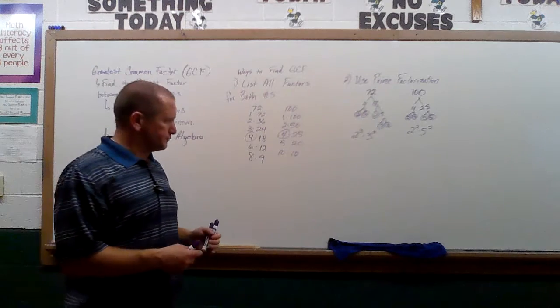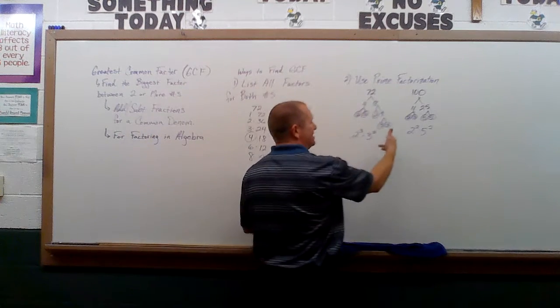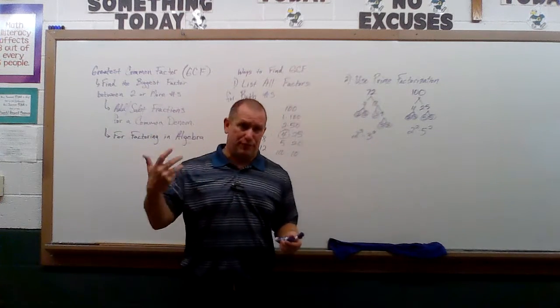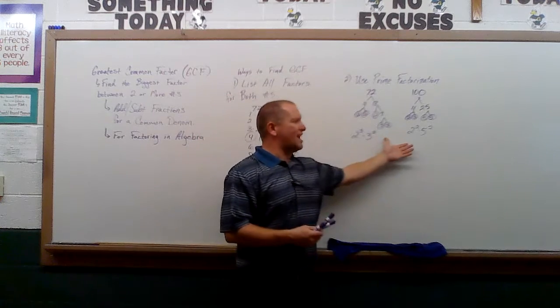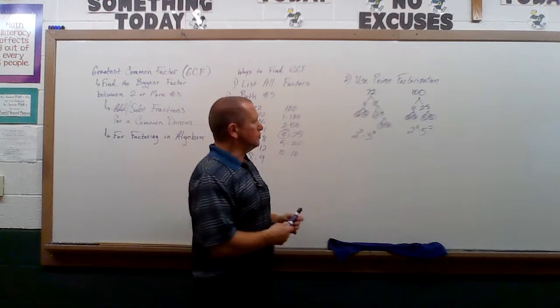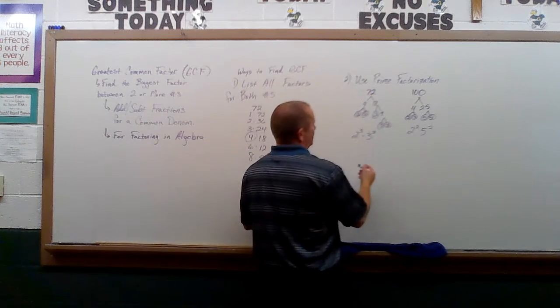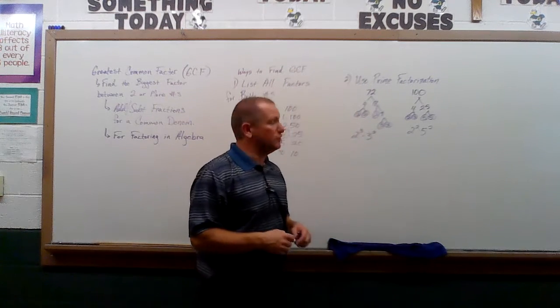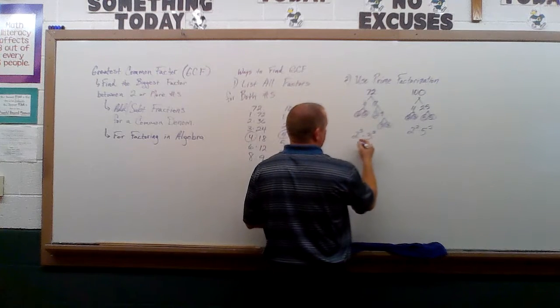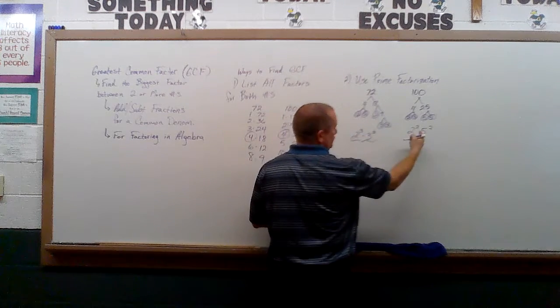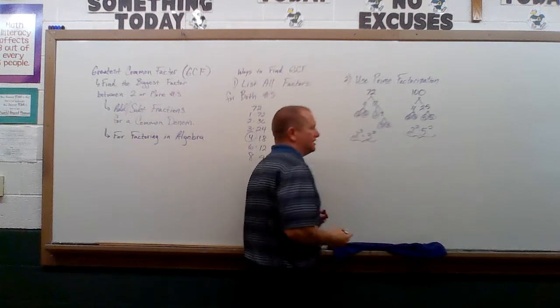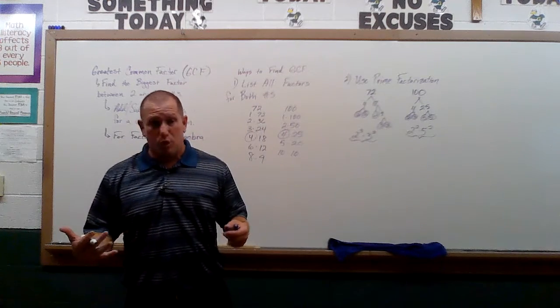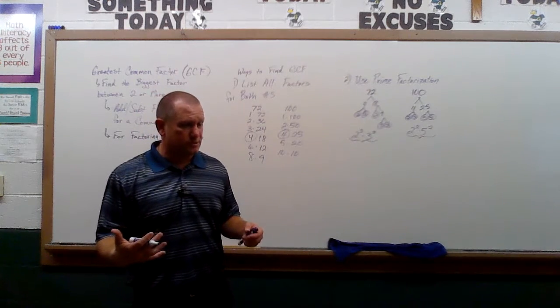Okay, so when you get to this part right here, this is where it kind of gets confusing to me though. So I think this is faster until we get to this part. So now you're saying, well, what are the numbers that are in both of them? So in this case right here, maybe if this confuses you by looking at those two things right there and asking yourself, what's the most that I can take out of both of those?